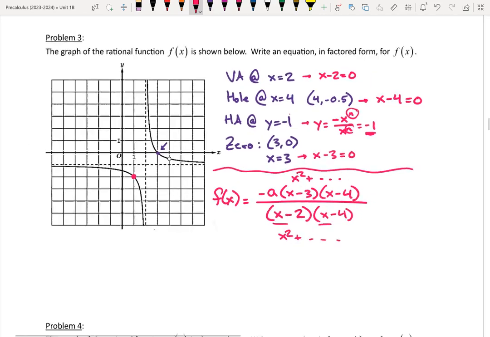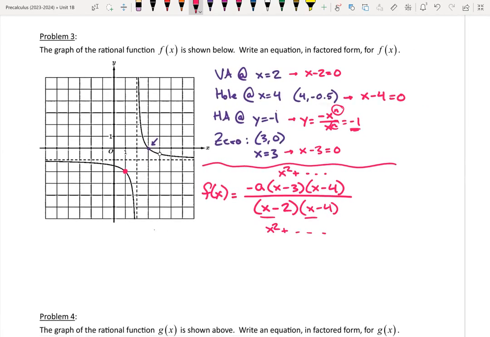We did something like this when we did our quadratics earlier in the year. So this point is the point 1 comma negative 2. We're going to use that point to figure out exactly what that a value would be. Now this is an x value, y value, so that would become negative 2 for the f of x.